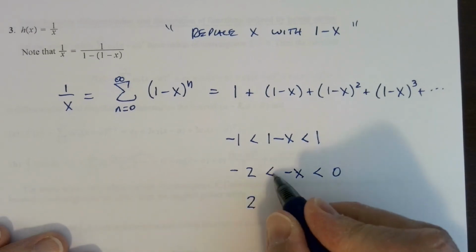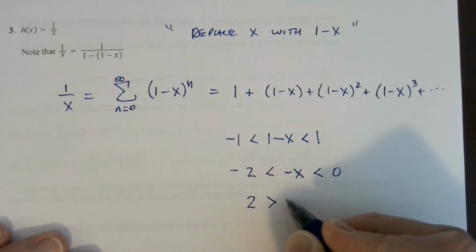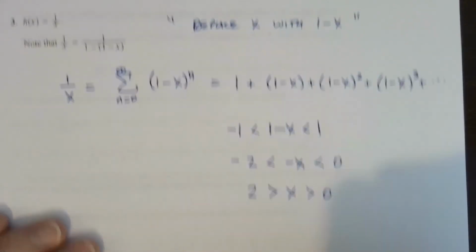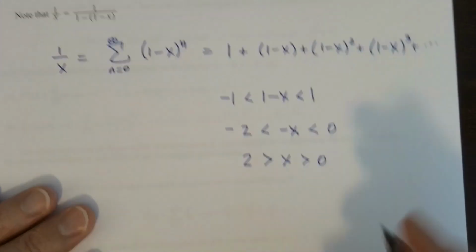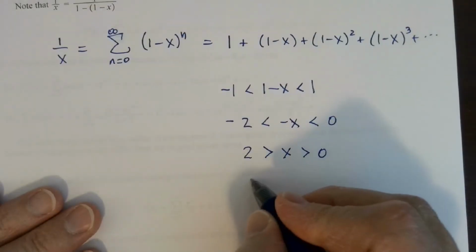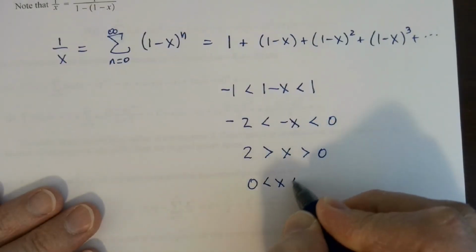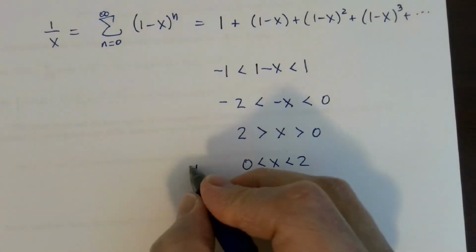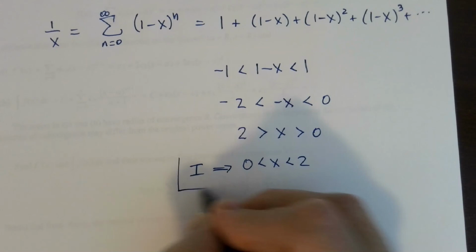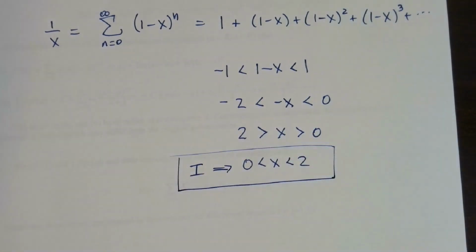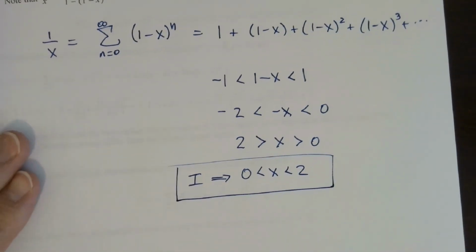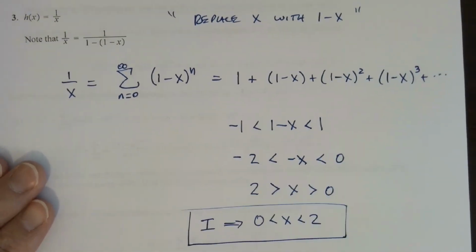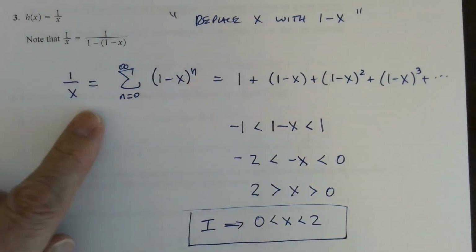It changes the direction when I multiply by -1. 0 times -1 is still 0. This is one way of writing it. Another way is just to rewrite it in that order. And so this is my interval of convergence. So for any real number x between 0 and 2, I have a power series representation for 1 over x right here.